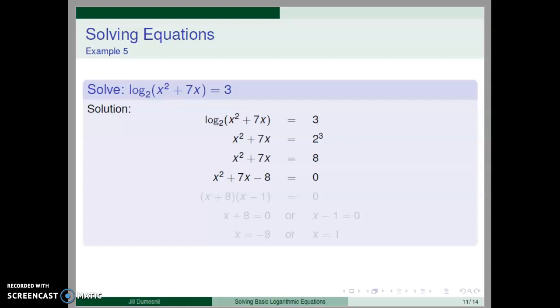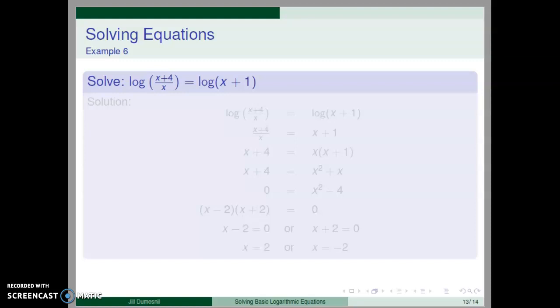Fortunately, the quadratic x squared plus 7x minus 8 factors, so we have a product equaling 0. We set each of the factors equal to 0 and solve for the variable. We get that x equals -8 or x equals 1. If we plug these into the original equation, we can verify that they both check.